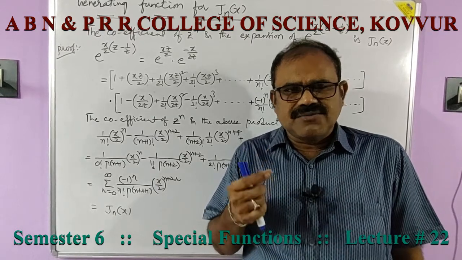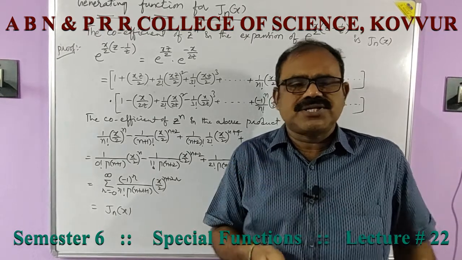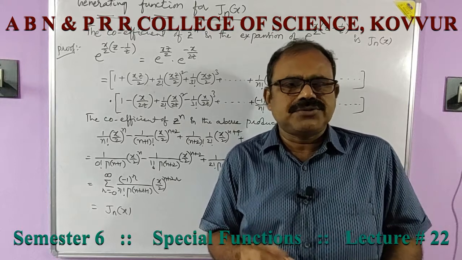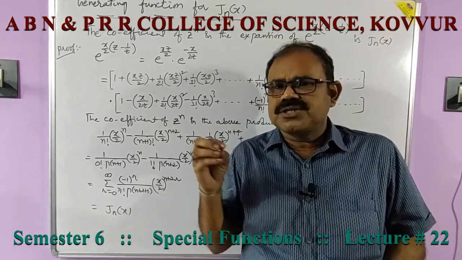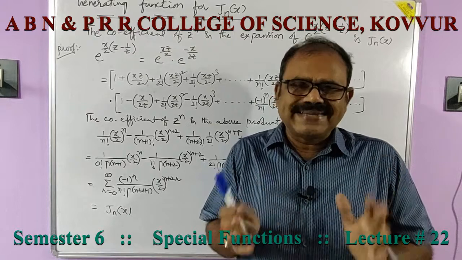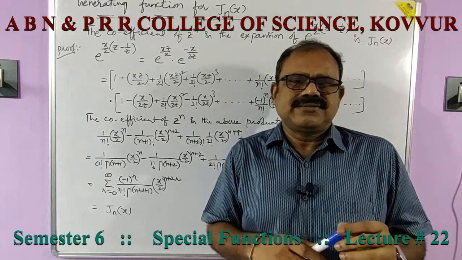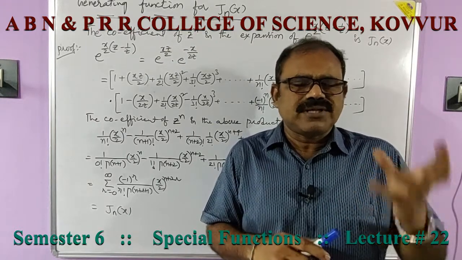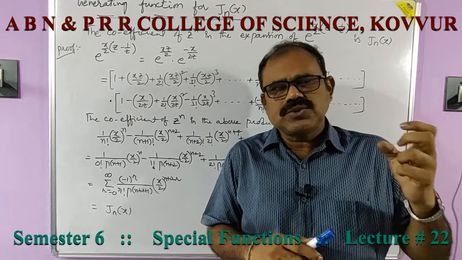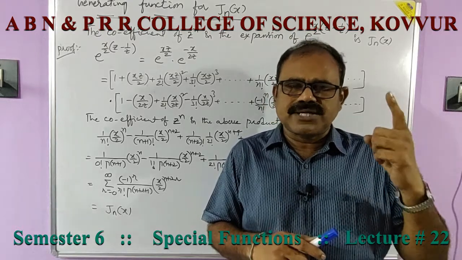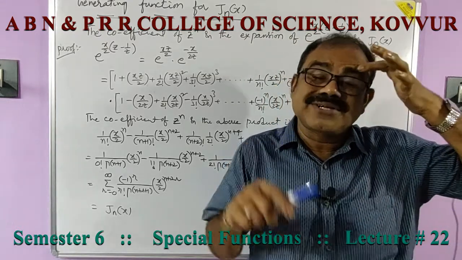In the expansion of it, if you pick up the coefficient of h^n, we get Pn(x), the Legendre's polynomial. That is why (1 - 2xh + h²) to the power of minus 1/2 is a generating function of Pn(x).